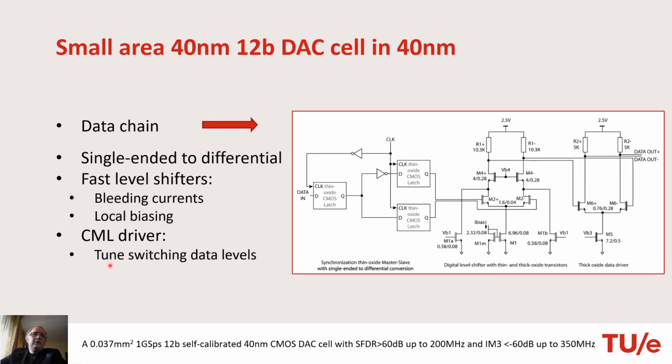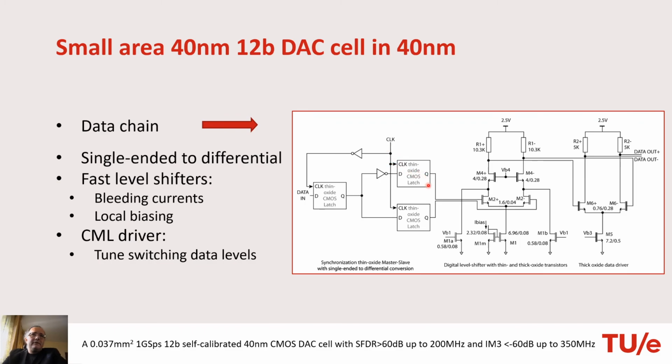Then we have the digital chain, starting from a digital bit, which is in the digital domain, single-ended. Our first task is to translate this into a differential signal, and we do this inside the master-slave synchronization latch, where we split it and then align with the clock. All this is in thin oxide so that the timing is very accurate.